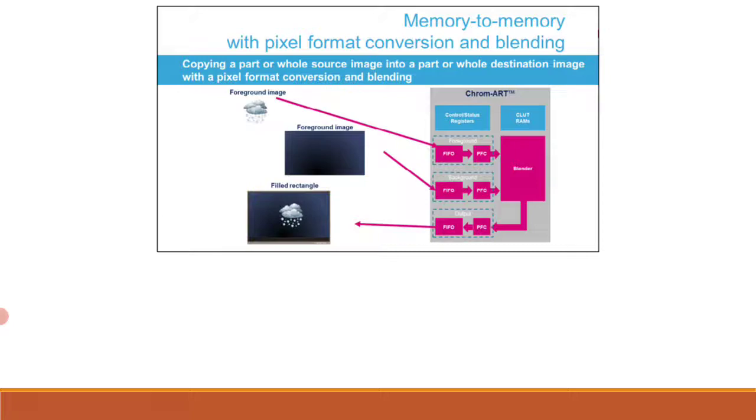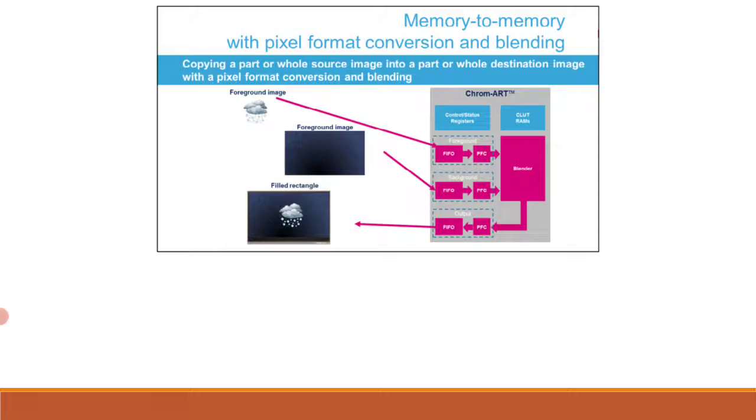This is widely used to draw bitmap icons having transparency or fonts. See, we have a foreground image in the form of a cloud, and another one is a background image, kind of background. When we are blending them, both go into separate FIFOs and enter the blender. Then via the PFC and FIFO, the filled rectangle is output here.